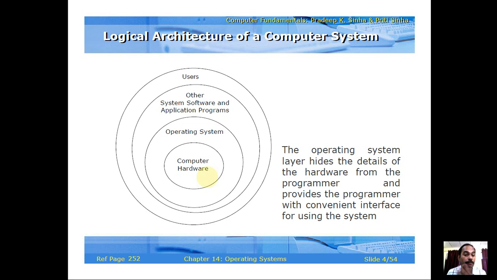But generally the user works with high level languages, high level words or symbols. So there is a gap between the languages. We are dealing with English-like words, but the computer understands only zeros and ones. So there is a communication gap between these two.